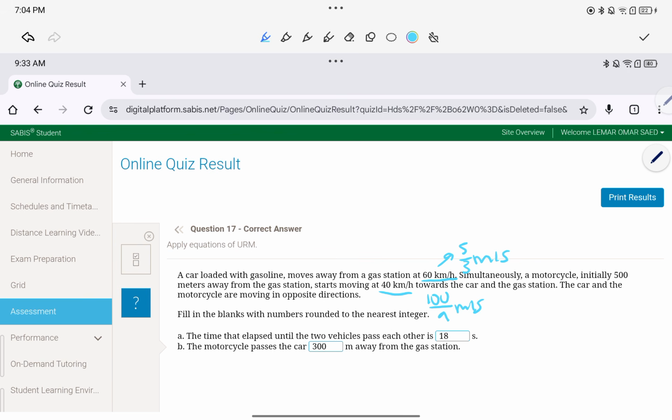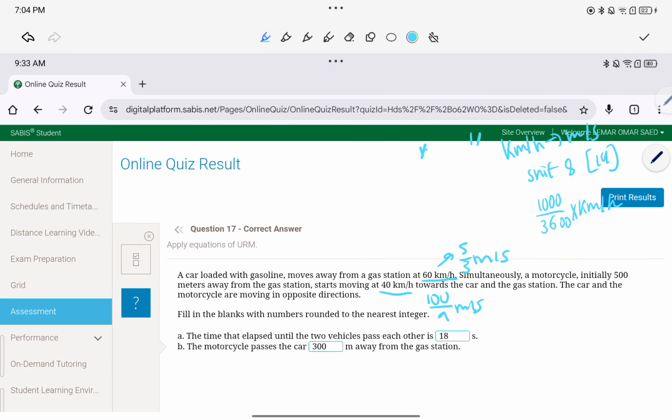Now, how do I convert kilometers per hour to meters per second? You multiply the kilometers per hour by 1000 over 3600.